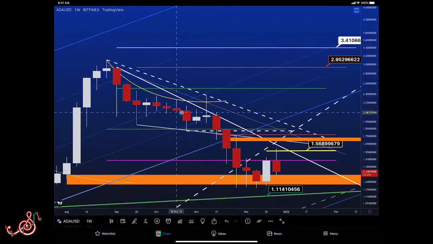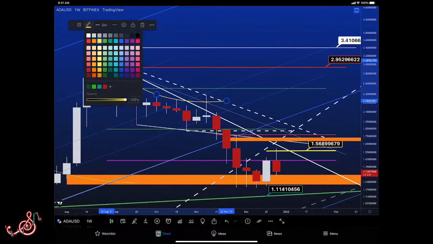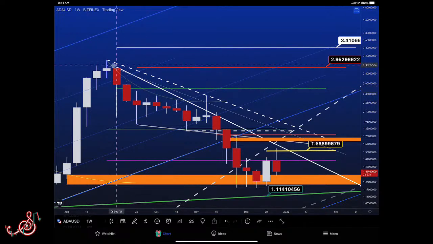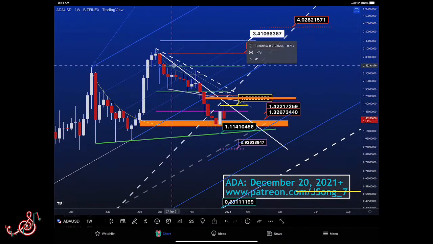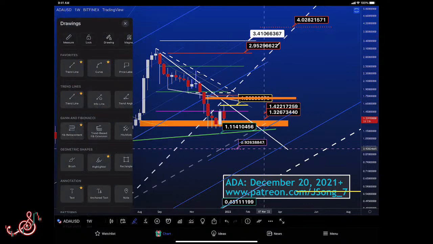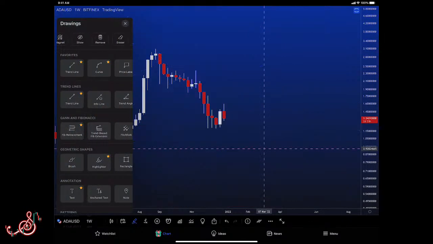So now we have on the weekly chart, let me fade this line out real quick. On the weekly chart, from this top to this top, okay, this is our main trend debate. I'm gonna hide all my drawings to minimize confusion.